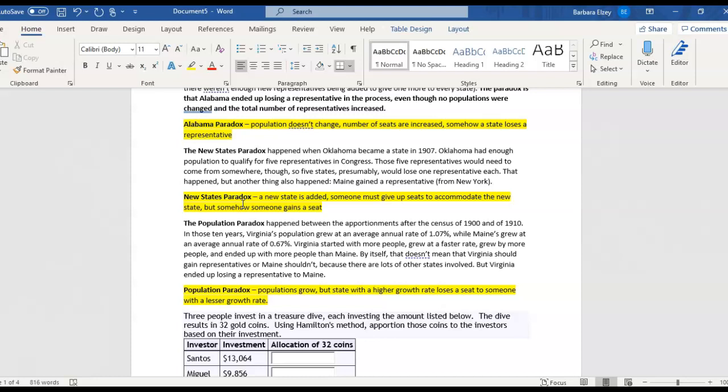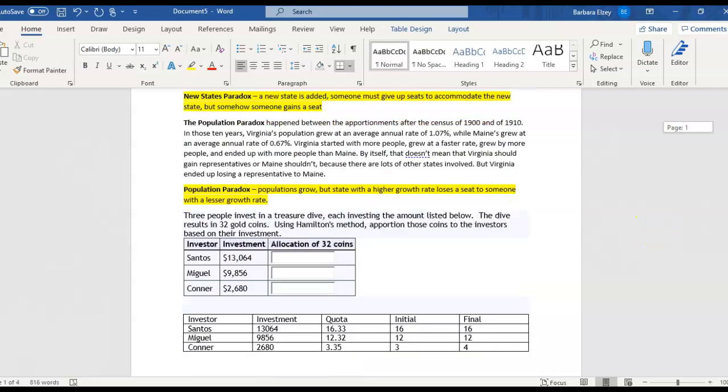Someone has to give up seats to accommodate. Well, we didn't have to do that because we actually proportioned out 4 new counselors for this new school. But what we had was someone gain a seat and somebody else lose a seat, even though we had sort of made that adjustment for the new school. So this is a new states paradox.